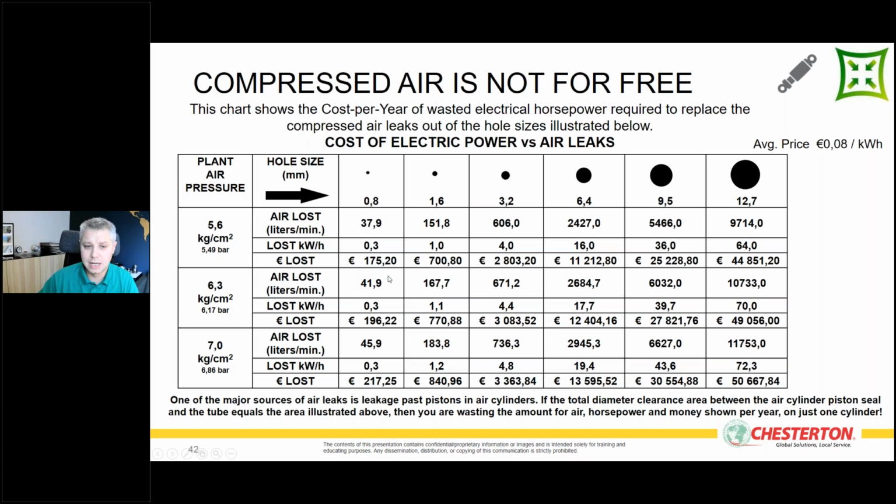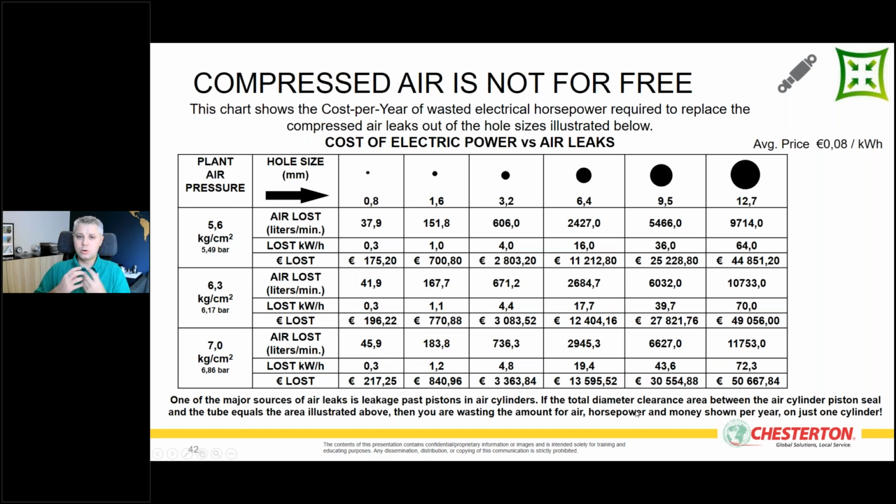You can see that if the hole is small, with 5 bar, for example, you're losing like 38 liters per minute, and it's about 175 euro. But when the hole is bigger and you operate more, and if you increase pressure, you can lose like 13, 20, or even 30 or more thousand euro per year, because this is a year consumption.